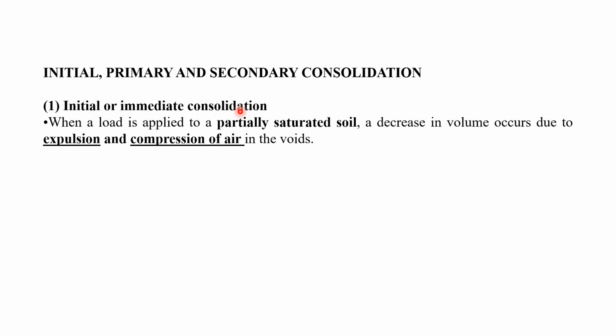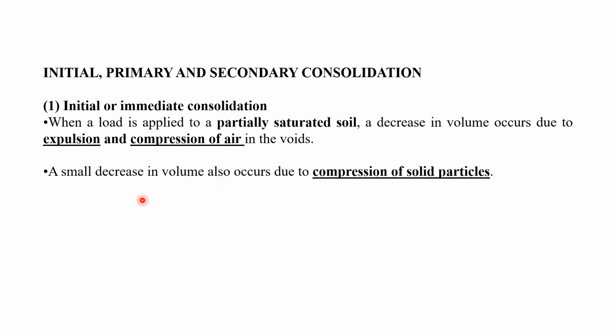Due to its own weight, the soil is also going to be compressed, right? So that also we can consider the initial consolidation or immediate consolidation, right? And decrease in volume occurs. So expulsion of air is going to take place. And sometimes the solid particle is also going to be compressed. This also causes the decrease in volume.